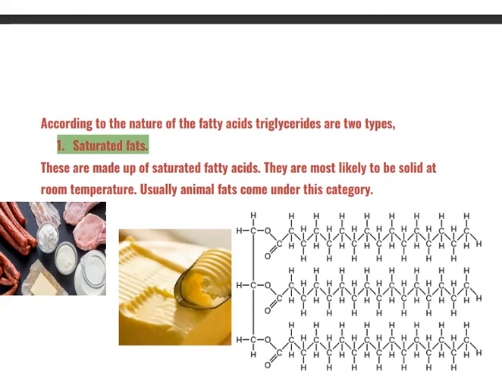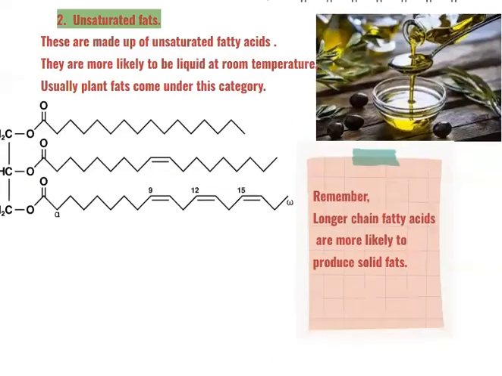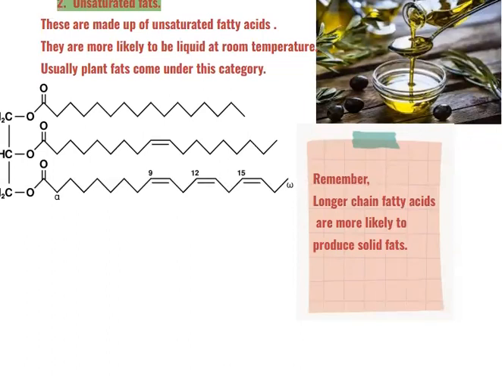Unsaturated fats. These are made up of unsaturated fatty acids. They are more likely to be liquid at room temperature. Usually plant fats come under this category. Remember, longer chain fatty acids are more likely to produce solid fats.